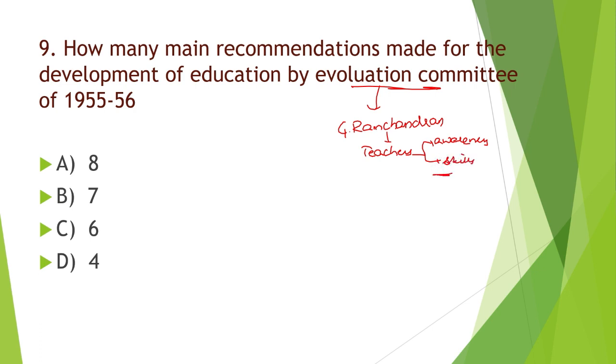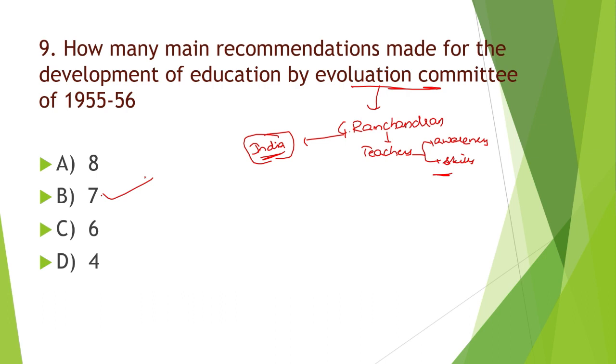So this committee was appointed. How many recommendations did they make? As I told you, G. Ramachandran traveled around India to find the reasons, to know the situation of India, and after that he prepared 7 recommendations. How many? 7 recommendations he made regarding development of the teachers, regarding the evaluation committee.